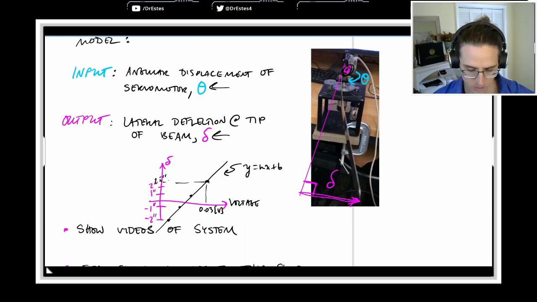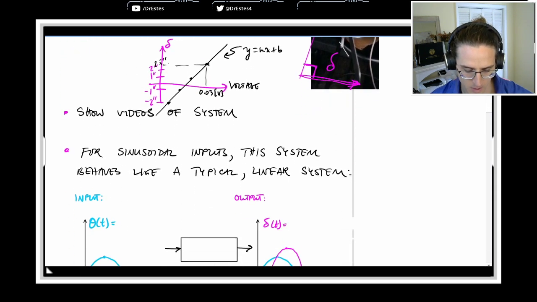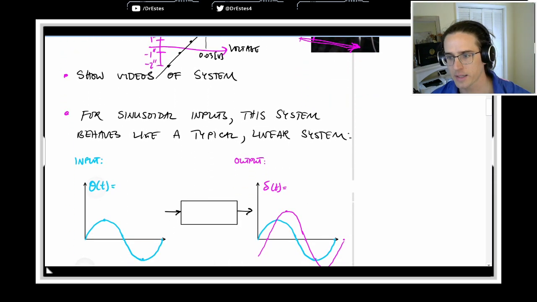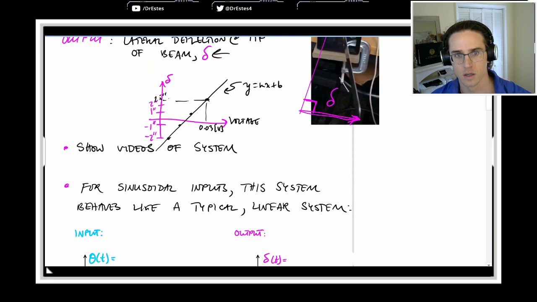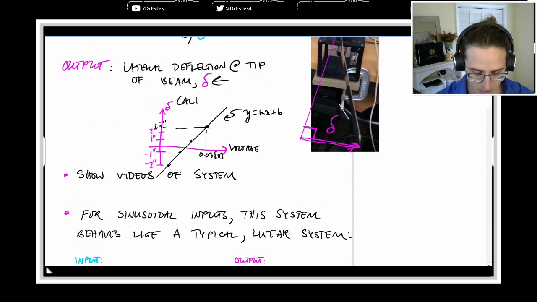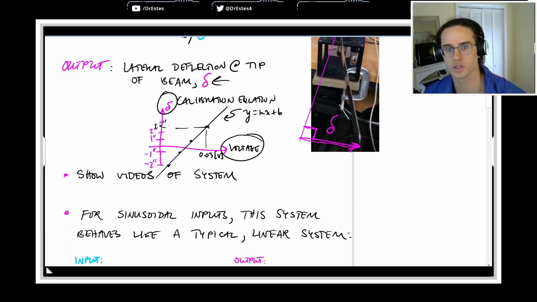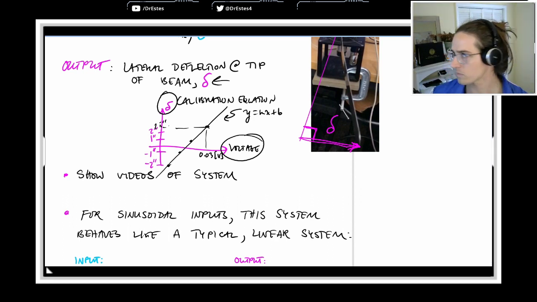So this is something like a calibration equation. Yes, that's exactly it. We have to make a calibration equation relating the tip deflection to the strain gauge voltage so that we can get meaningful results out of this experiment.